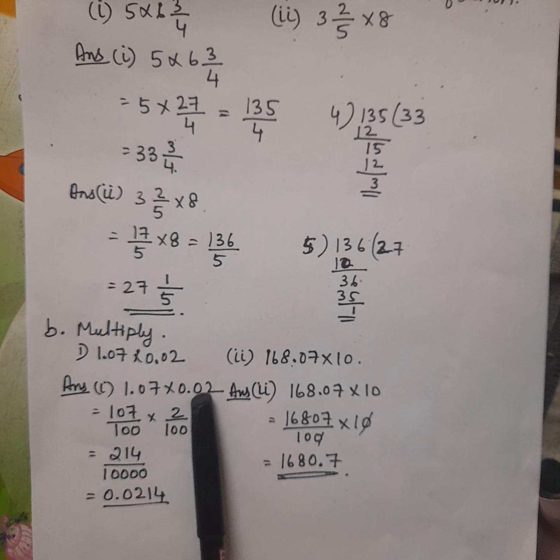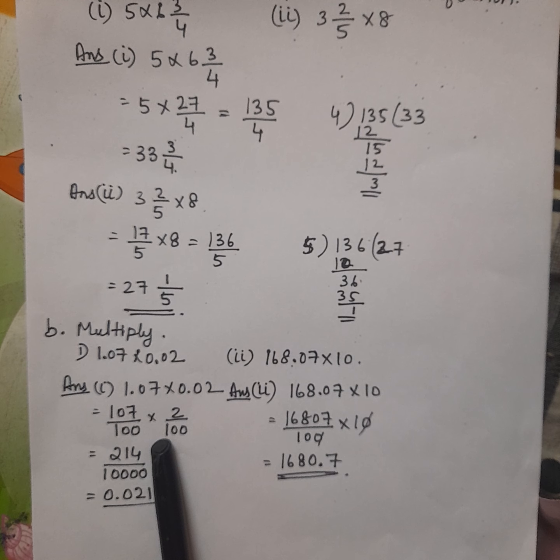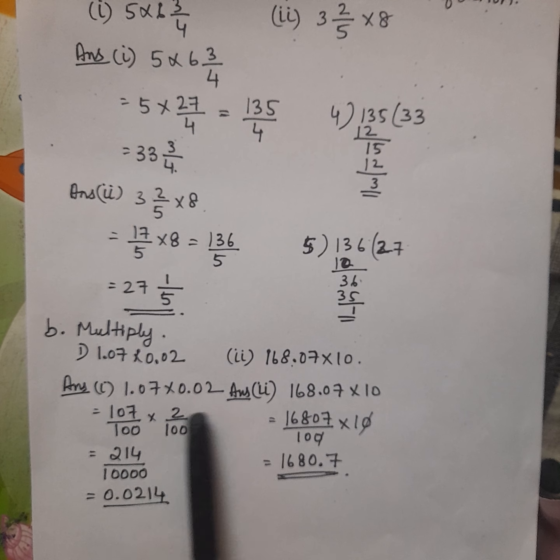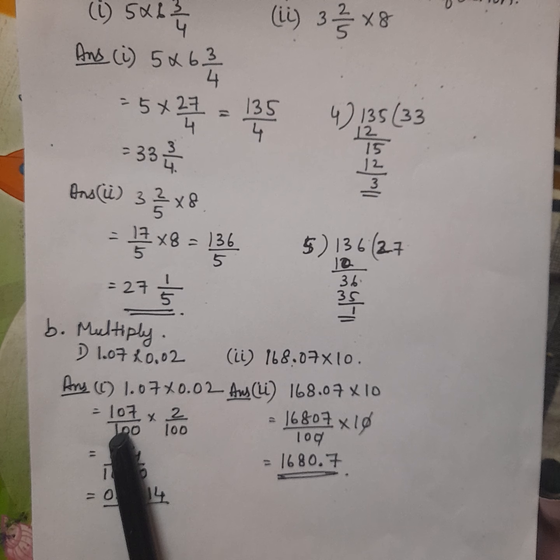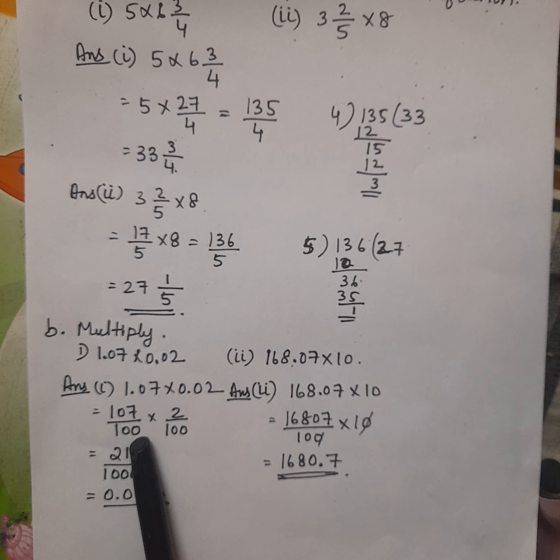Now 2 divided by, there are 2 digits after the decimal point, so it's 1 followed by 2 zeros. So now multiply 107 into 2. 107 into 2 is equal to 214 divided by 100 into 100. 100 into 100 will become 10,000. That is 1 followed by 2 zeros and 2 zeros, 1 followed by 4 zeros.